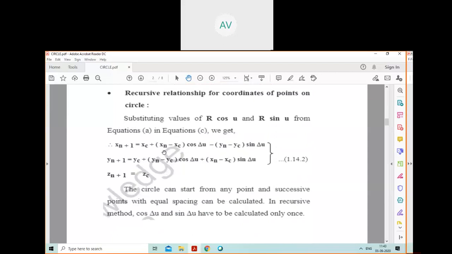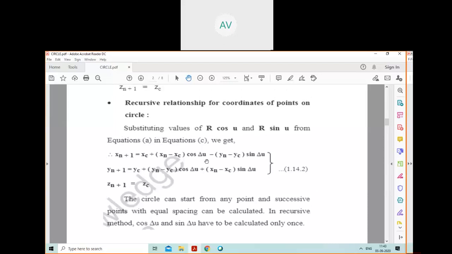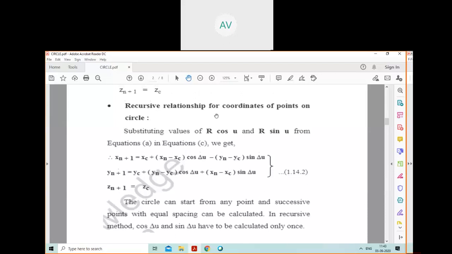In that way we have written the r cos u and r sin u values and rewritten this equation, and this equation will be used to calculate any point on the circle. Just remember this delta u is the incremental angle. So this will be your final equation, through this parametric equation you can calculate the coordinates on the circle at any angle.